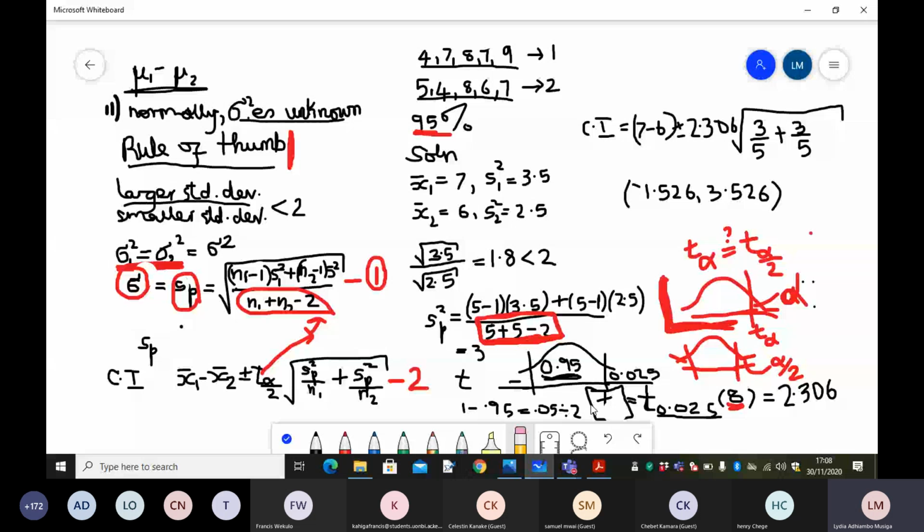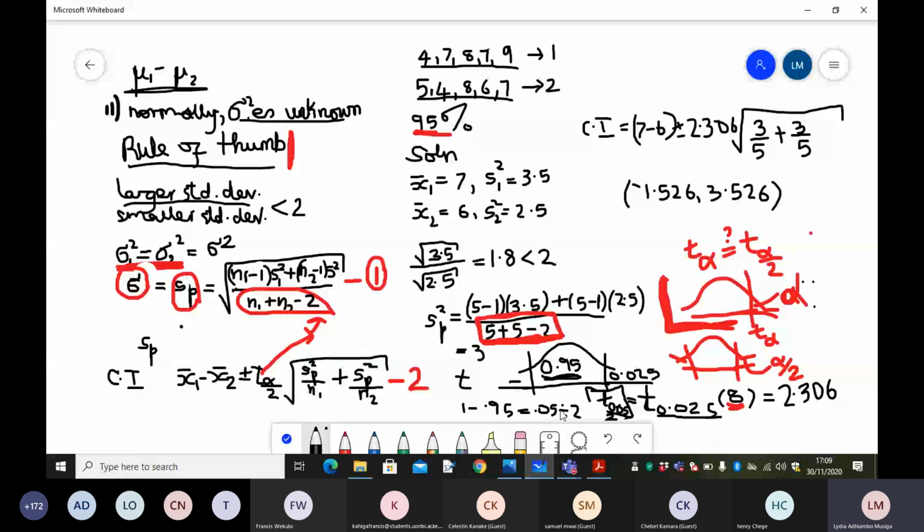What I should have written is T 0.05, and the space is so small, T 0.05 divided by 2. Sometimes when we are teaching, we make so many assumptions. Because as we've been working on this many times, maybe we don't say some things which can make it clearer for the student.